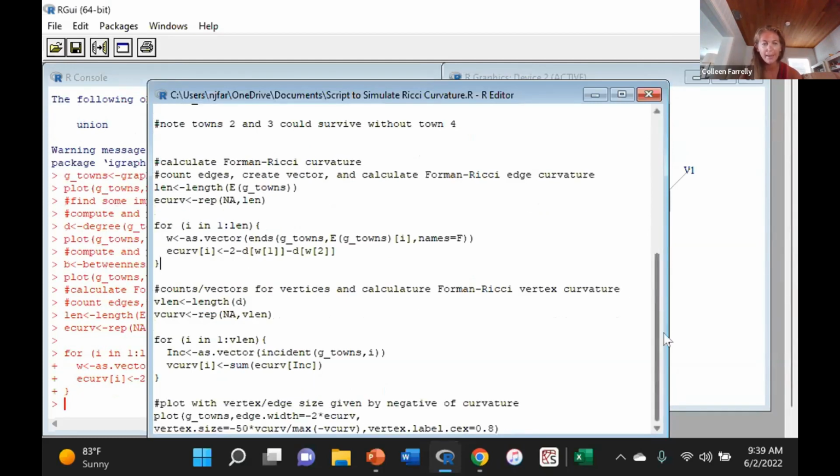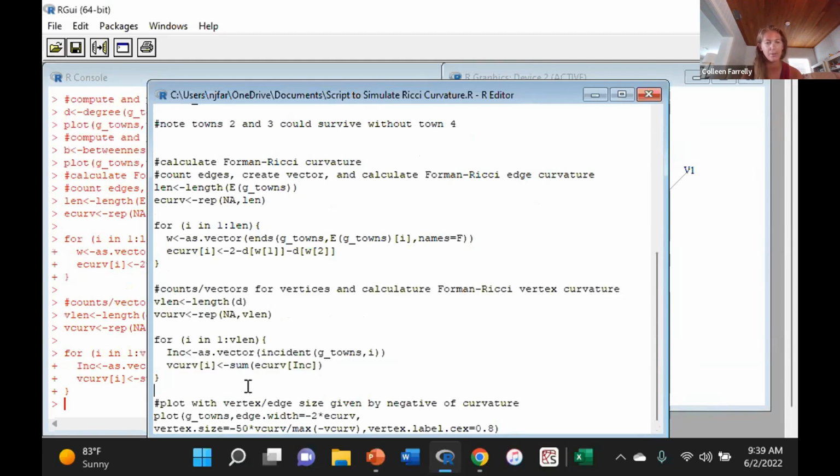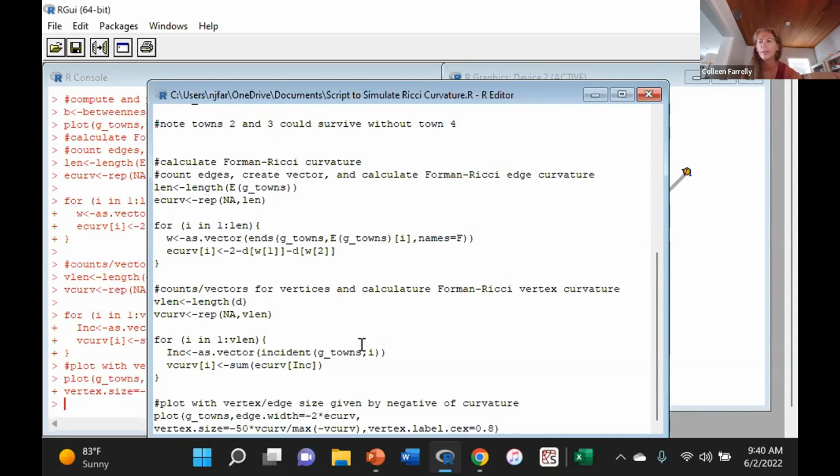Now that we have that, we can sum up the curvature for each of our vertices by looking at which edges are around there and what their curvature is. So we'll run that, and then we'll plot this to see which towns are really important to this network based on our curvature.